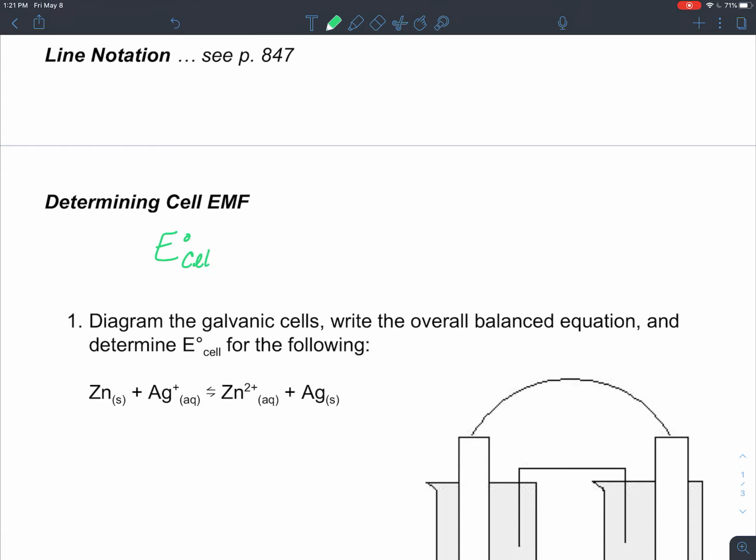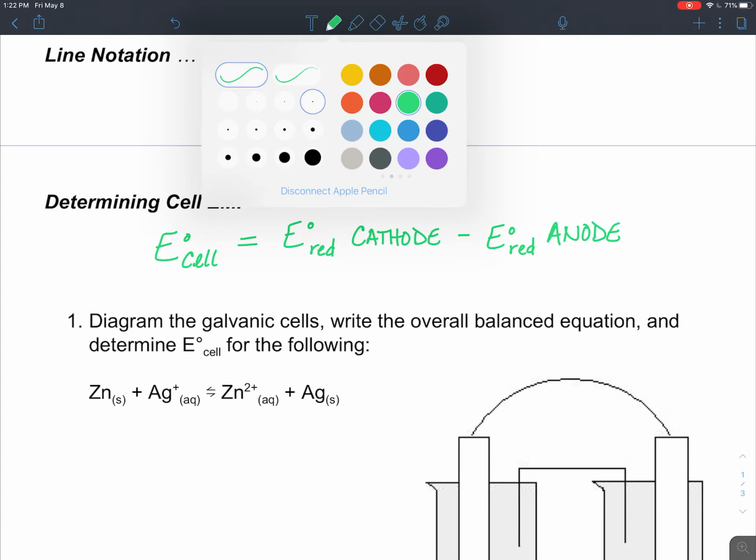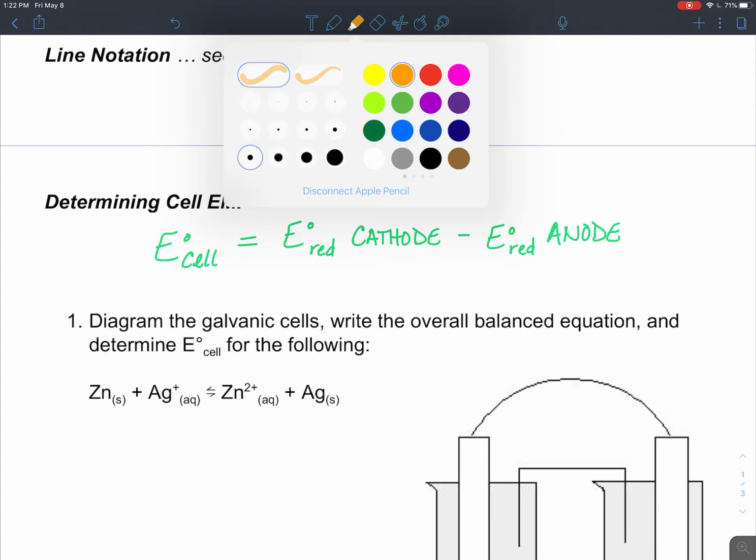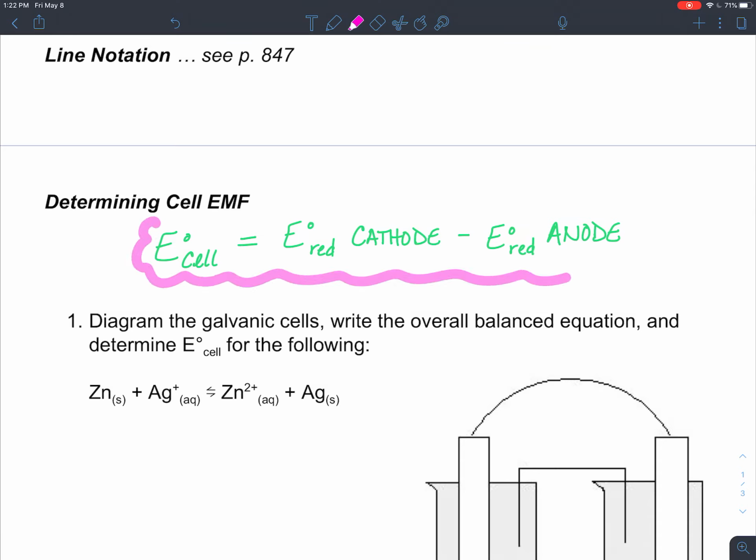So if we're looking for the overall cell potential for an electrochemical cell, for a galvanic cell or anything that we're comparing these for, it's going to be the reduction potential of the cathode minus the reduction potential of the anode.